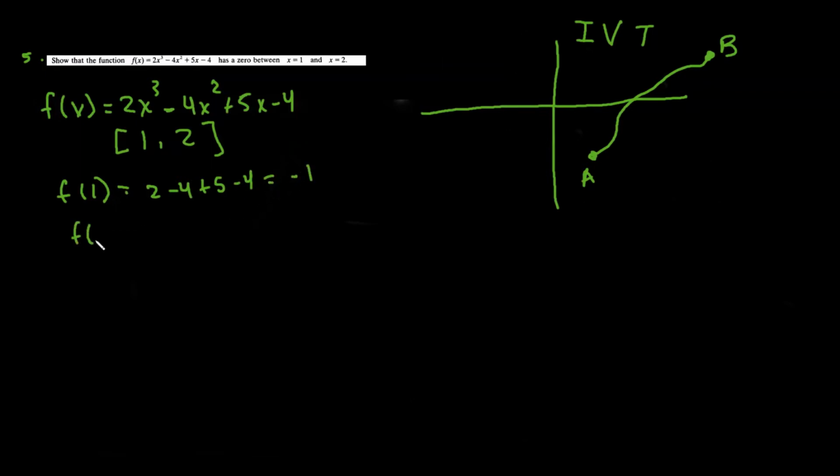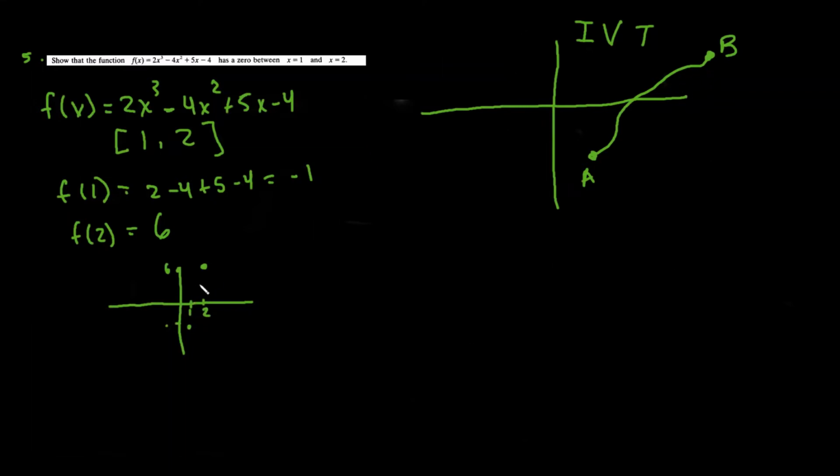If I plug in 2, I get 6 as my answer. So our function is defined at these points: 2 and 6 is defined here, and 1 and negative 1 is defined here. So it's the exact same thing as the interval.